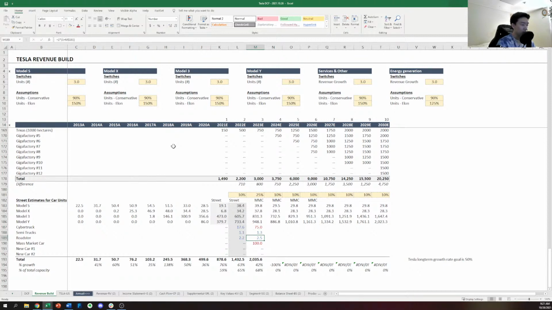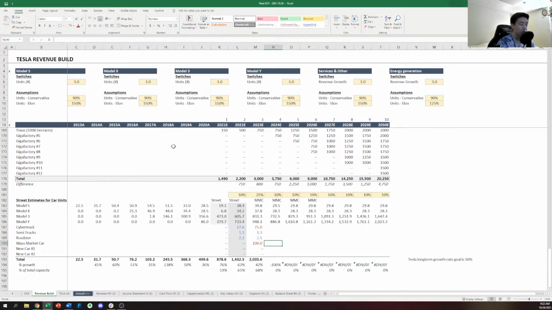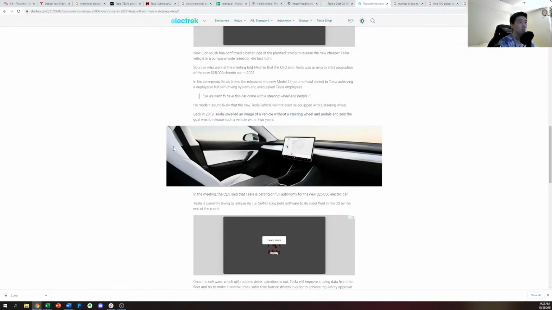They are more expensive, and we're being a little bit more aggressive than the Street, right? So I think that's fine. So we're at 42% here. And then the number should kind of explode for the next few years because we're going to introduce this mass market car. It's going to be around 25,000. I've seen reports about even a $15,000 car. So if it's really cheap, then these numbers should just get really big. But let's see what the Street says first.